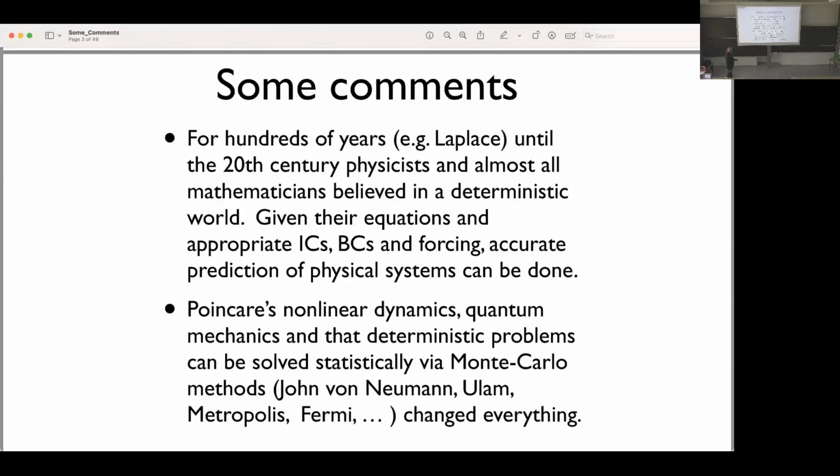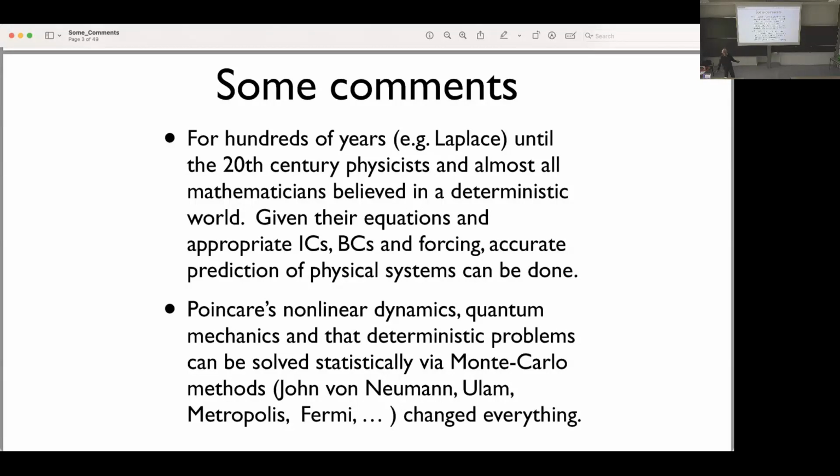Now, in the mid-20th century, there was a very large development where a number of very well-known scientists like Von Neumann, Stanislav Ulam, etc., started looking at deterministic problems and solving them statistically via Monte Carlo methods.